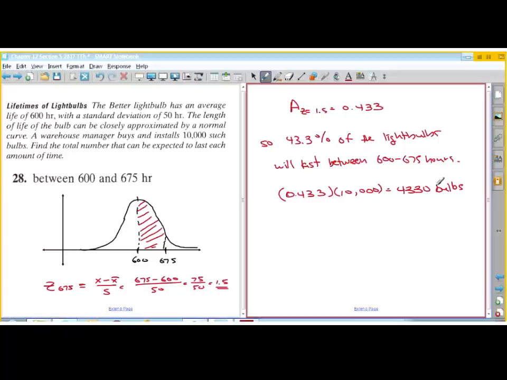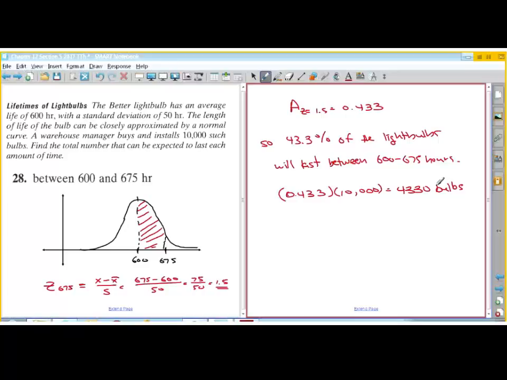So how would you use this data besides just saying, well, that's interesting? If you were the warehouse manager, or say in the school here, you've got all these light bulbs throughout the school, and you know that they last a certain amount of time, you could say, maybe I should check these light bulbs out.